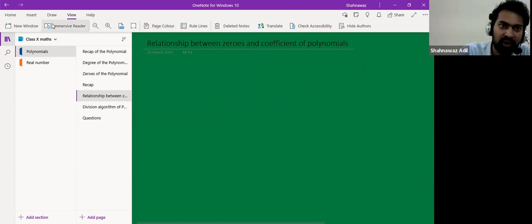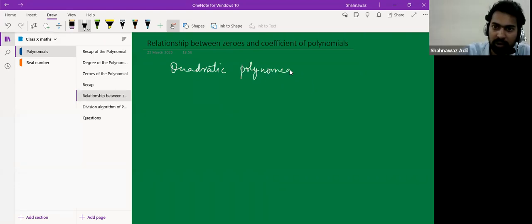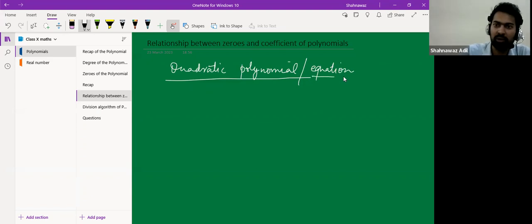So let's first do the quadratic polynomial, or rather equation. So what is the general form of the quadratic equation?